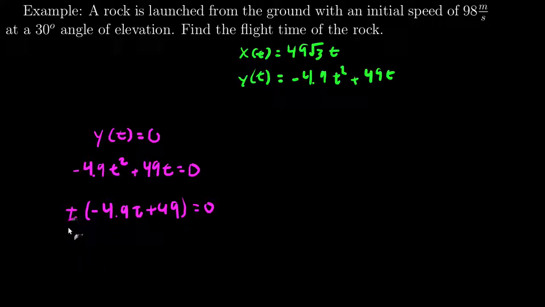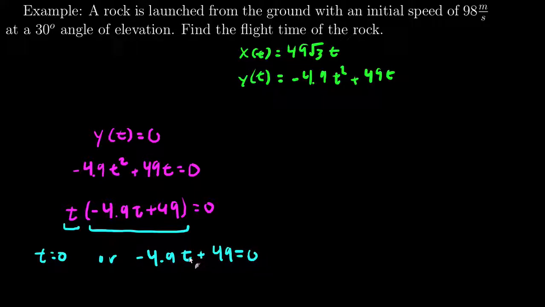Using the zero product property, either this equals 0 or that equals 0, because the product of two things being 0 means one or the other is 0. So either t equals 0 or negative 4.9t plus 49 equals 0. This right here is the starting point.